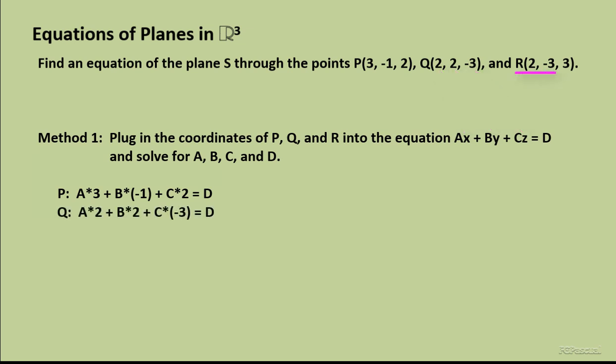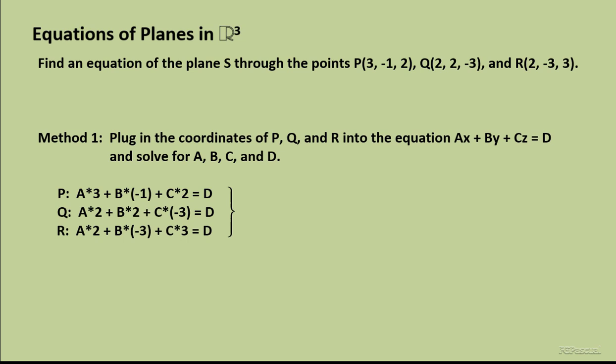And the point R leads to the equation a times 2 plus b times -3 plus c times 3 equals d. And so we have a system of 3 equations and 4 unknowns.